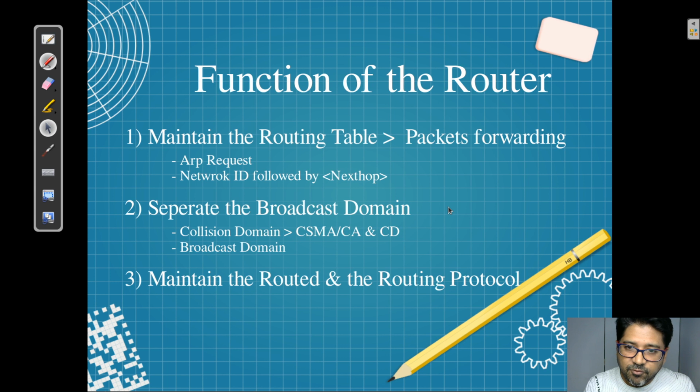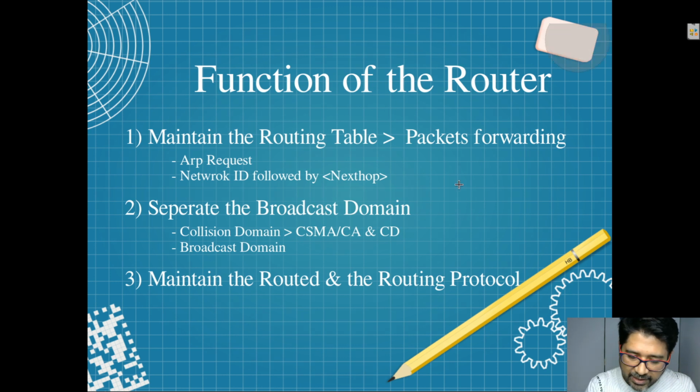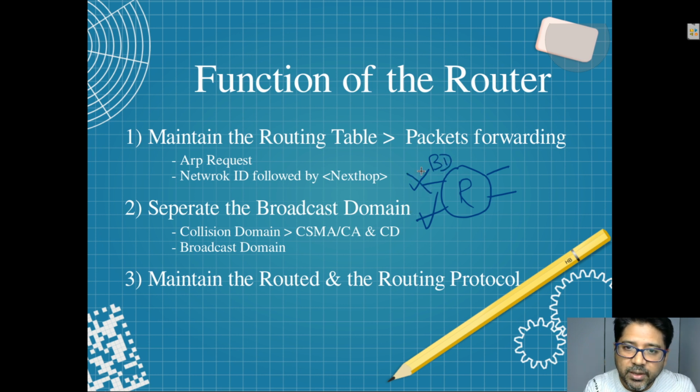Means if the router has 5 ports, or you can take the example of any router having 4 ports, each port is going to be associated with a broadcast domain. Means the broadcast packet is going to work within this interface only. It's not going to cross the router interface.